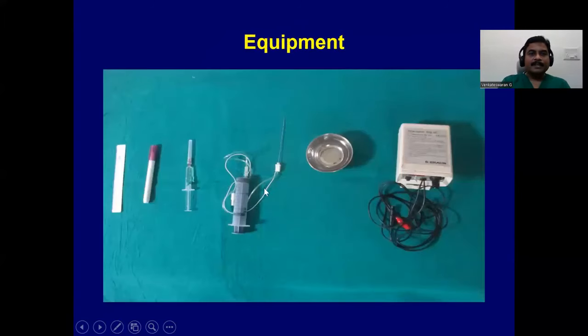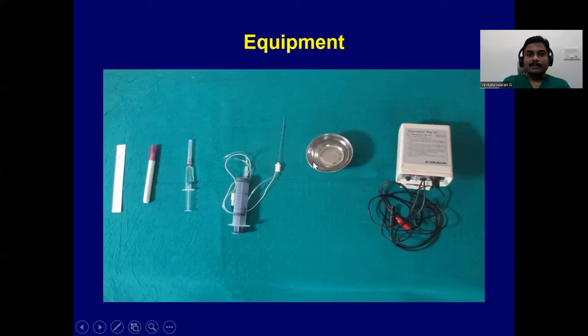So the equipment needed are a sterile marker scale, a sterile marker pen, a 2 ml syringe with 2% lignocaine, a 20 ml syringe with a 10 centimeter Stimuplex needle, and a sterile cup with the local anesthetic. We always take about 20 ml of 0.5% bupivacaine, 15 ml of lignocaine with adrenaline, and 15 ml of saline.